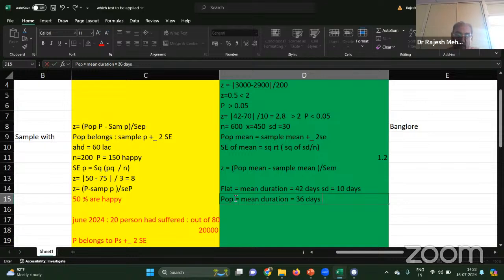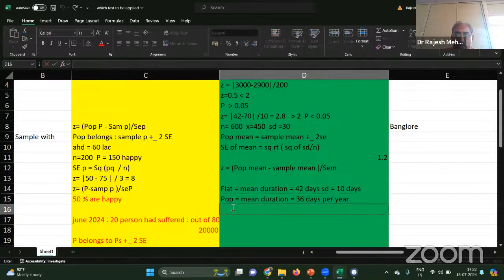Now, tell me whether the sickness days per year of the flat people is as good as the general population or it is more than that. You need to calculate this and tell me the answer.